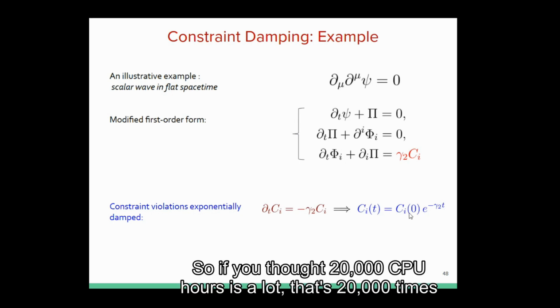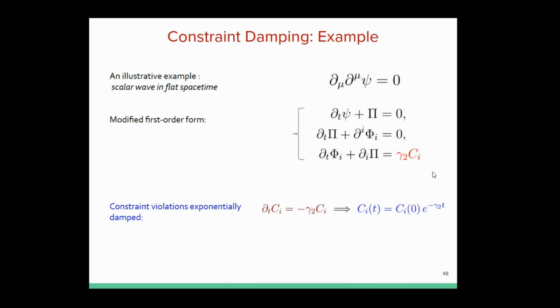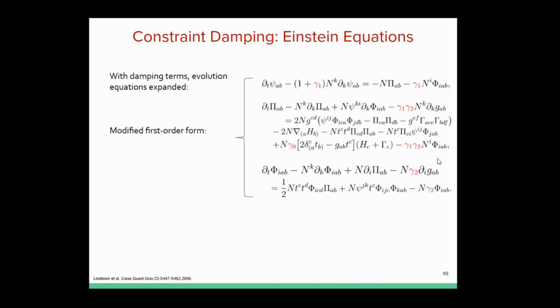So if you thought 20,000 CPU hours is a lot, that's 20,000 times 20,000. That's how long your evolution takes. So you're not going to give that long. So these codes don't do that. They never do constraint evolution. That is called constrained evolution. We cannot afford to do constrained evolution.